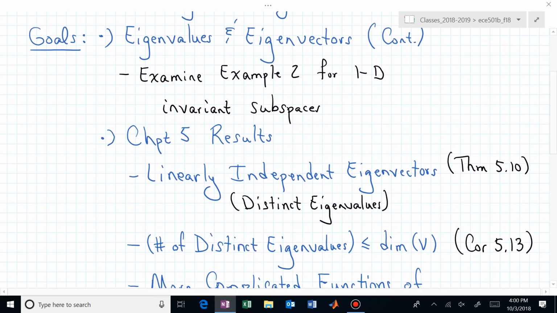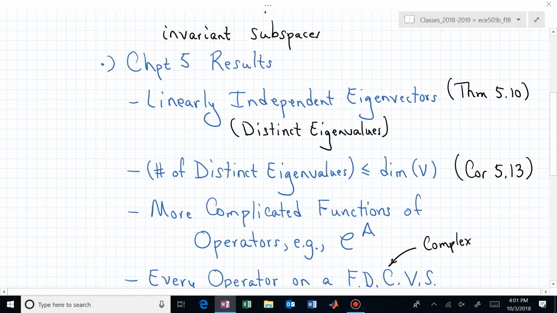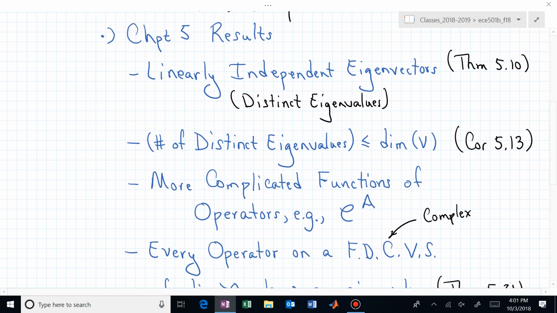Today what I want to do is continue with our examples of these 1D invariant subspaces, and we'll look at example number 2 of that for computing eigenvalues and eigenvectors, and then we will start looking at some of the key results in chapter 5.